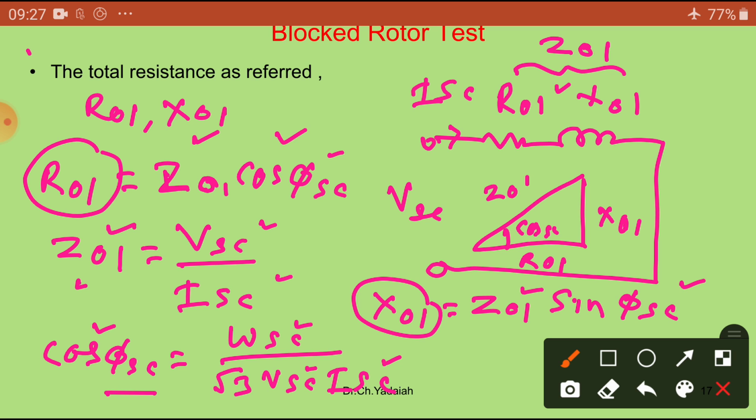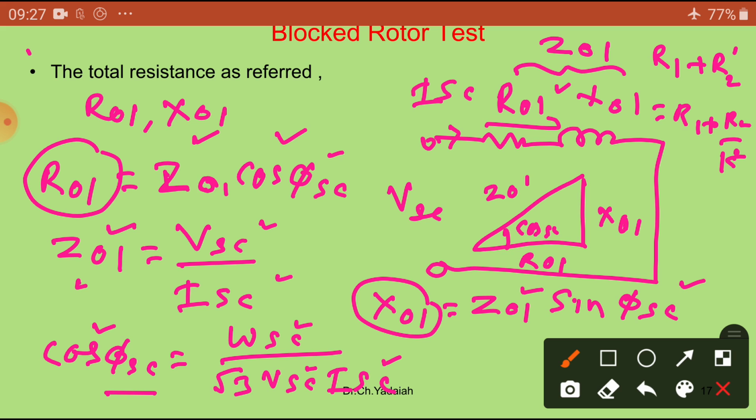Now, R01 is equal to R1 plus R2 dash, that is, R1 plus R2 by K square. What is K? The transformation ratio, which you know.